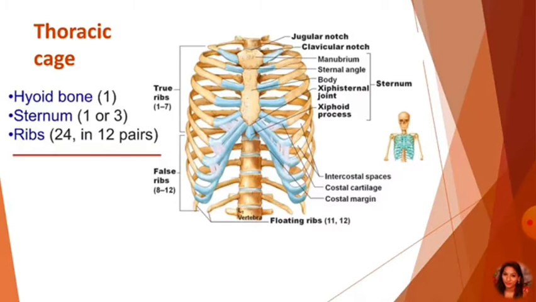So total there are 12, but here you can see both the left and right side, so total 24 ribs are there in 12 pairs. So likewise, total there are 26 bones in the thoracic area: 24 ribs, 1 sternum and 1 hyoid.